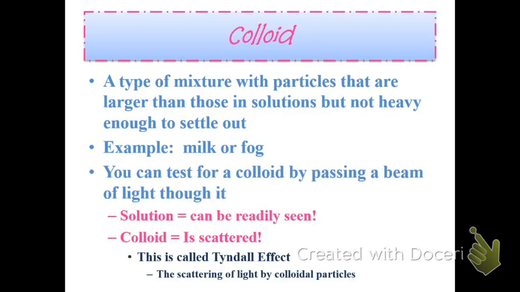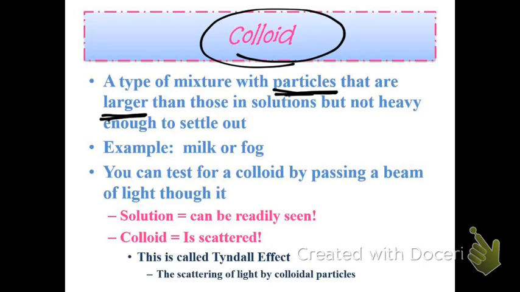In fact, we have a branch of the heterogeneous mixture called colloids. This is just where the particles themselves are larger than those in our homogeneous mixtures, our solutions, but they don't settle out. Examples of this would be your milks or your fogs.